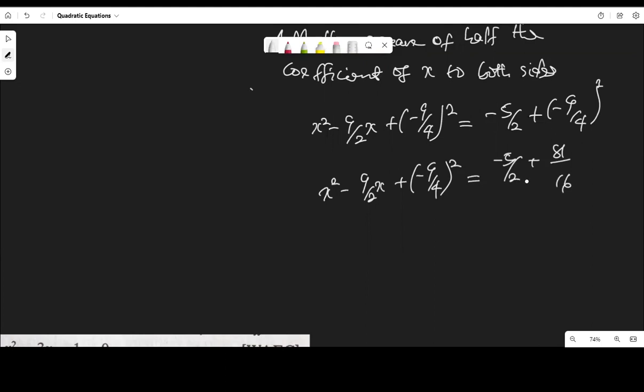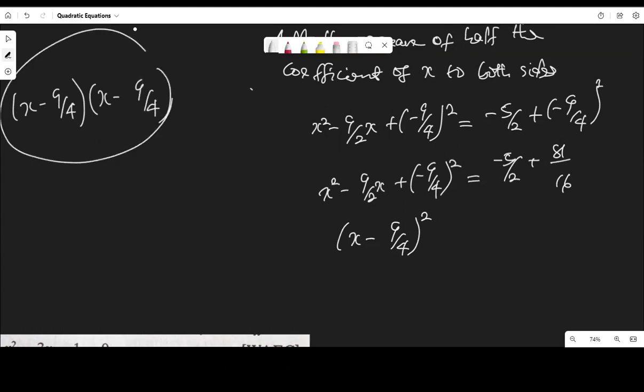When we get to this stage, since we have minus 9 over 4 squared here and we have s squared here, if we pick a term here and pick a term here, that is s minus 9 over 4 squared. If we expand this, remember this minus this square means s minus 9 over 4 times s minus 9 over 4. If we expand this expression here, we are going to get this back.